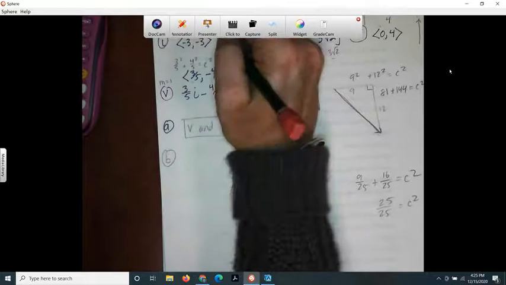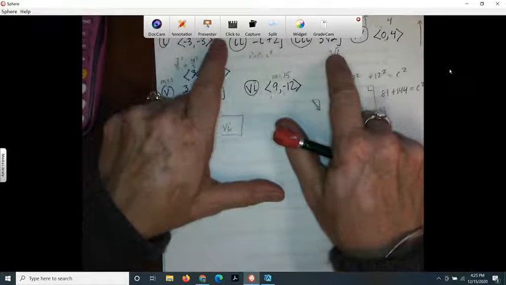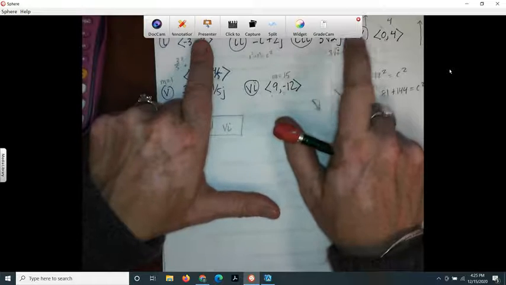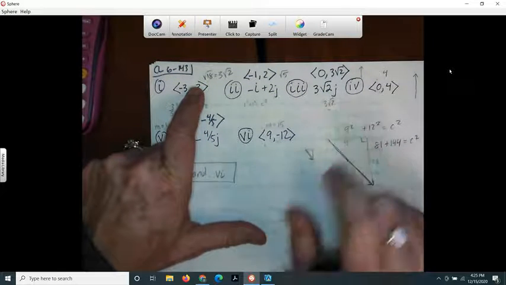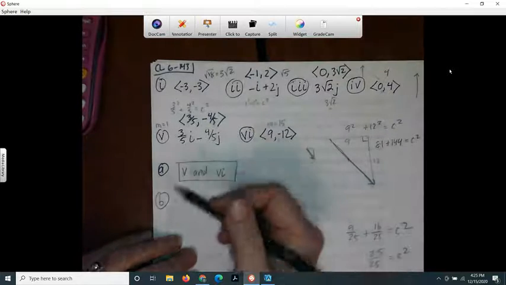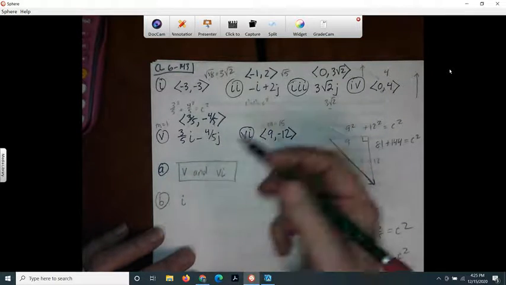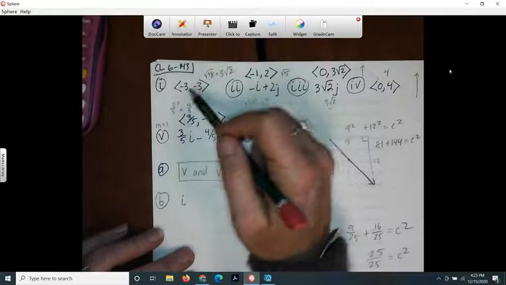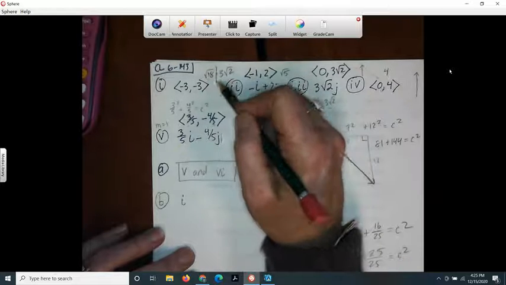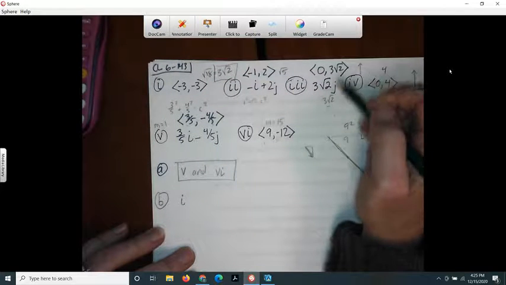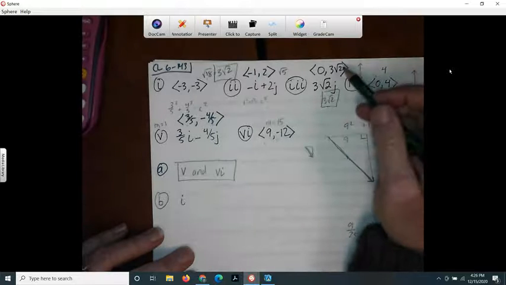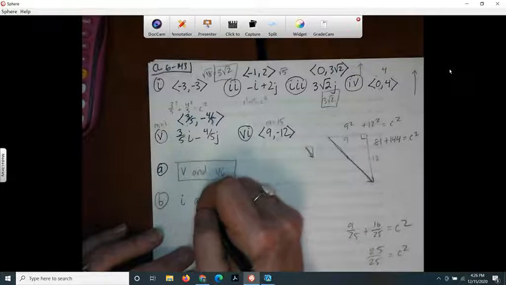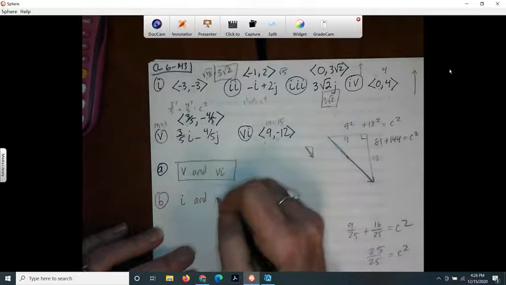So these two: I and III. Those have the same magnitude, because when you do the Pythagorean theorem, they both give 3 root 2. For this one I didn't have to use the Pythagorean theorem because I knew it was just a vector that goes straight up. So I and III.